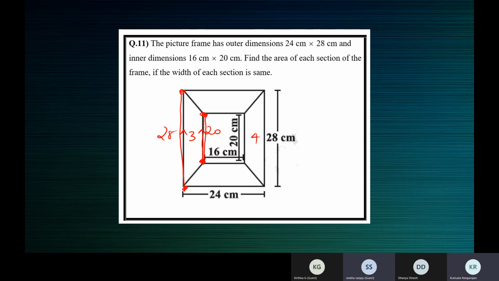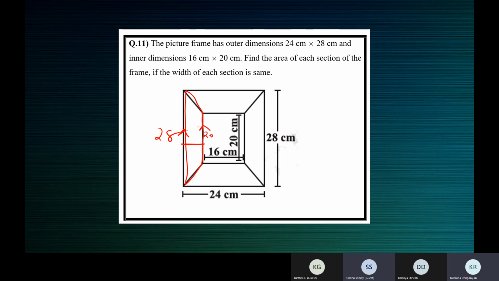So see, this is the trapezium. Parallel sides: this is 28 because the opposite side is 28, and this is 20. What's the distance between them? 8 centimeter? 4 centimeter, ma'am.